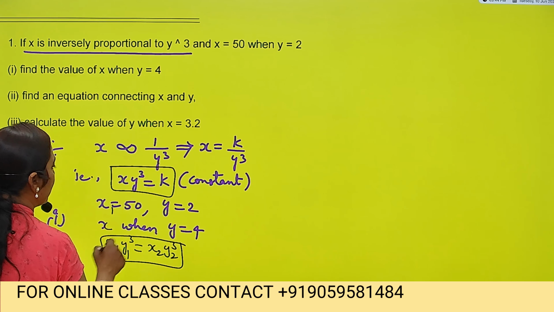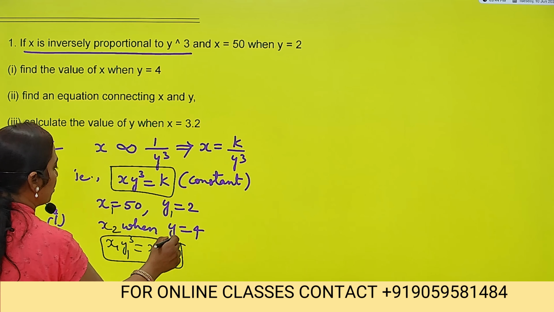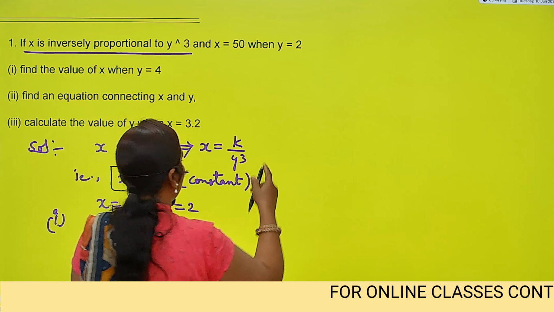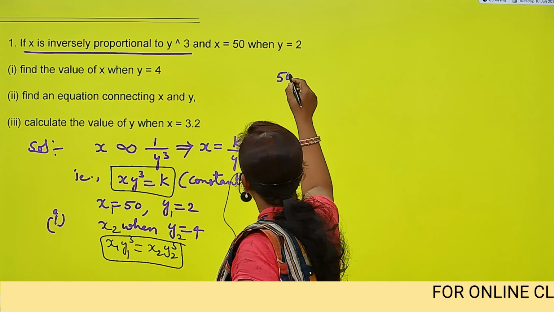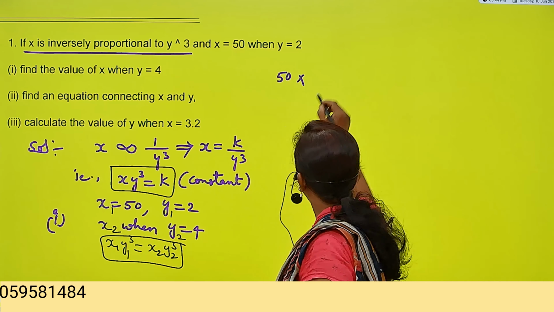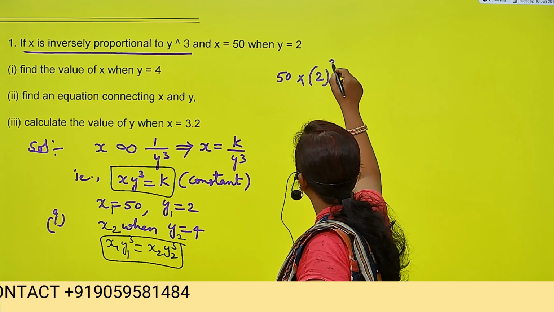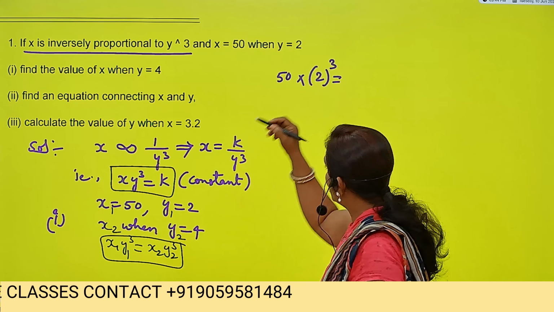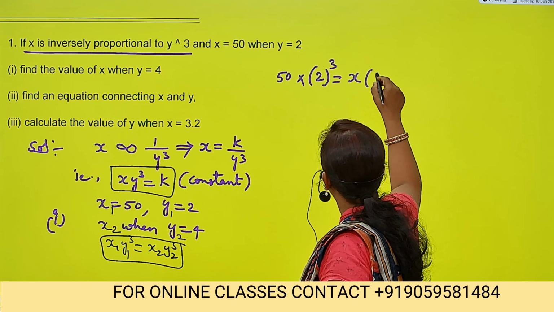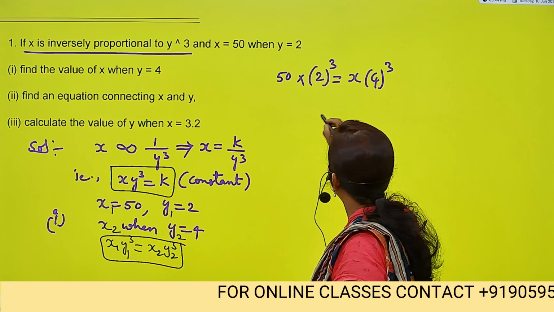So here it is x1, y1, x2, y2. What is the x1 value? It is 50 into y1, which is 2 cube, equal to x2, we don't know, let it be x, and y2 is 4 cube.